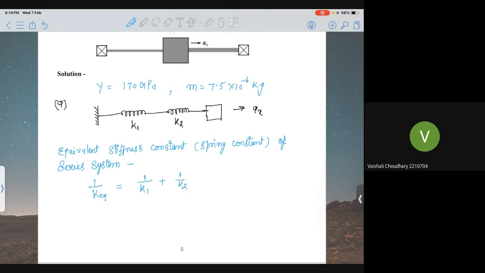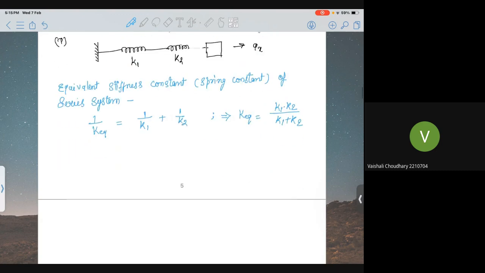Okay, or we can rewrite it as K equivalent is K1 times K2 by K1 plus K2.